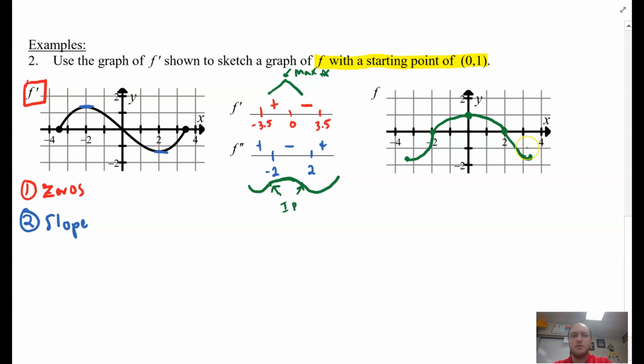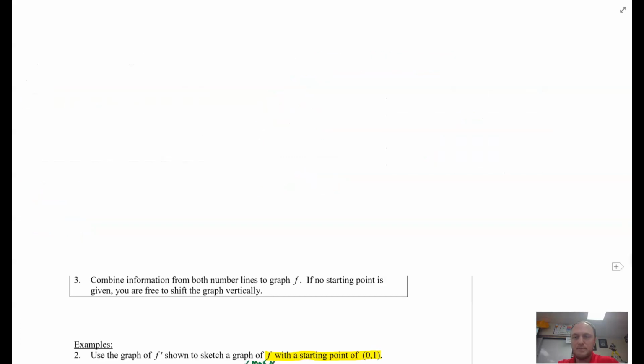Okay, so note that this matches our graph, right? From 0 to 3.5, we are decreasing, and from -3.5 to 0, we are increasing. Okay, and here's a rough sketch of what this graph could look like. They don't tell us anything about the endpoints, where our max or our min or the absolute max or min are. So this is a rough sketch of the information that we do have.